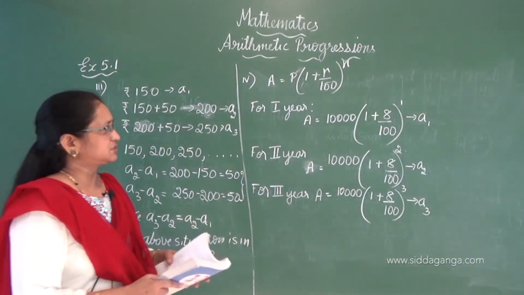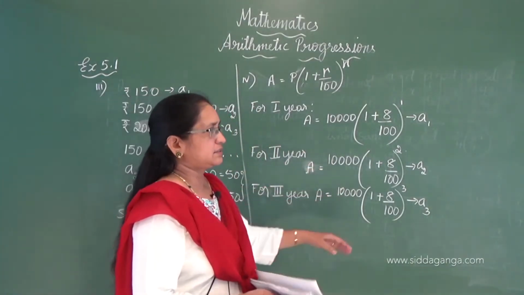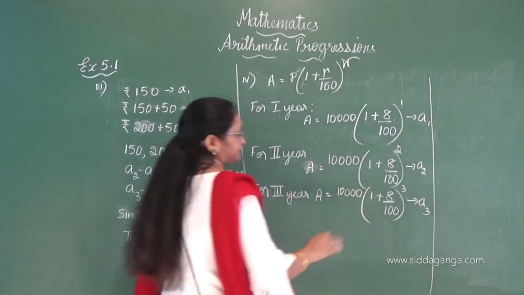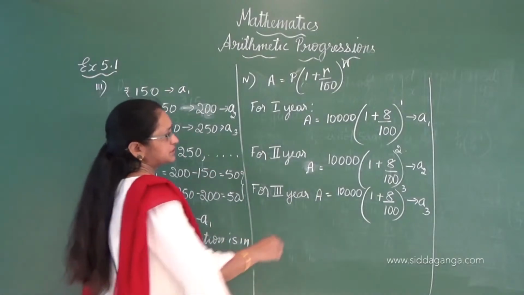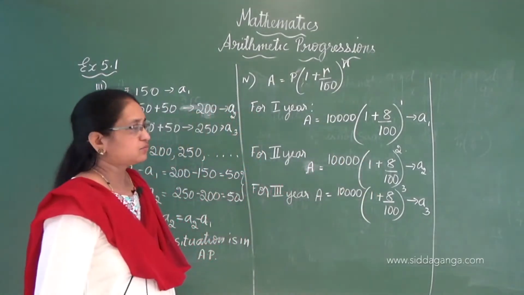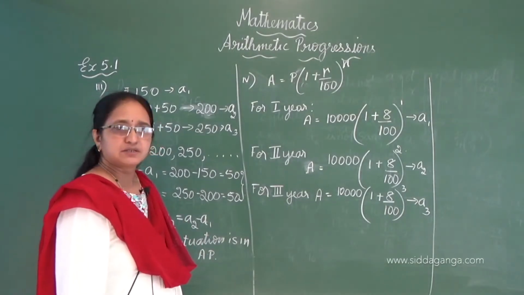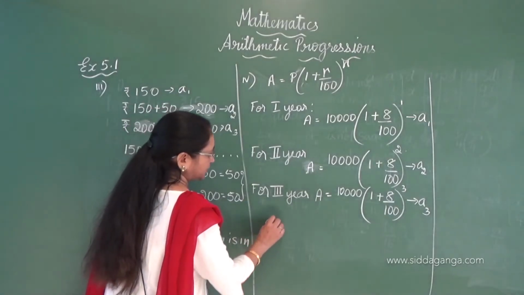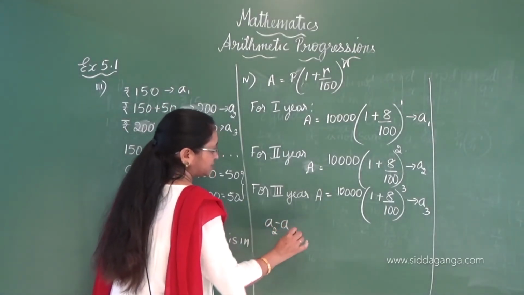So these are the three terms now. You need not calculate it. Without calculating also we can find out. You need not simplify it. So these are our terms, A1, A2, A3. Now, we will find out whether it is in AP or not. Okay. For that, we need to find A2 minus A1.